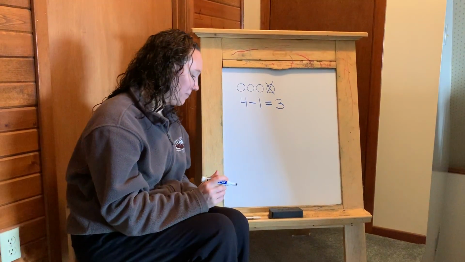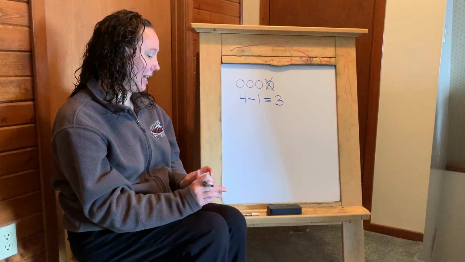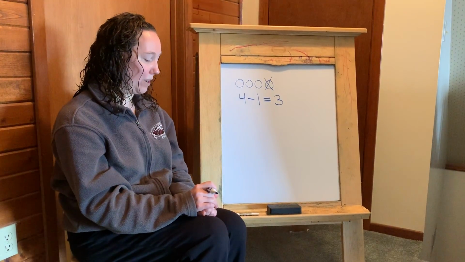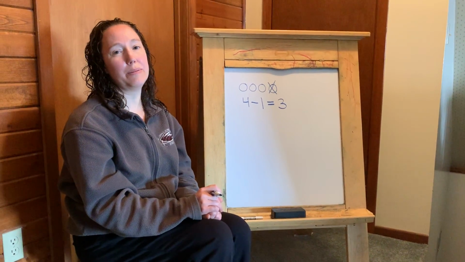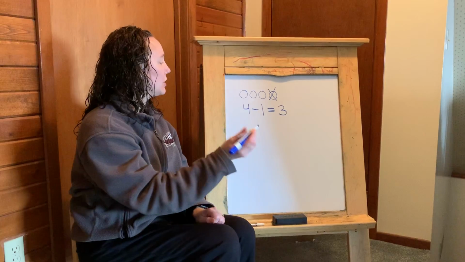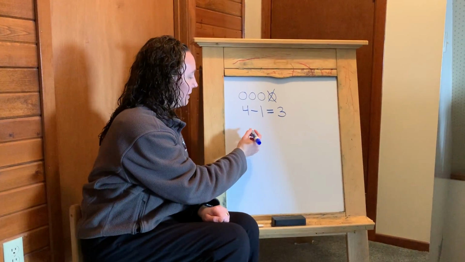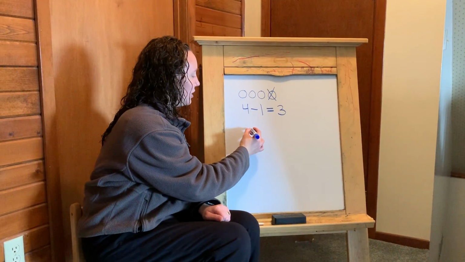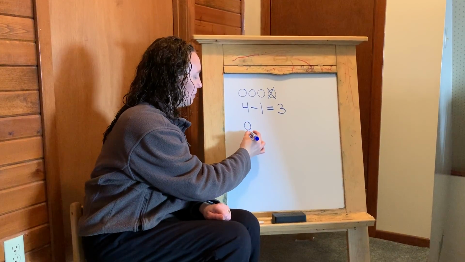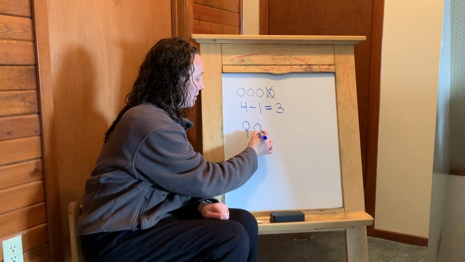Let's do another one. This one says Cindy had 3 balloons, 1 balloon popped. How many balloons are left? So again, I want to draw a picture. I go back to my problem and it says she had 3 balloons. So I'm going to draw 3 balloons.